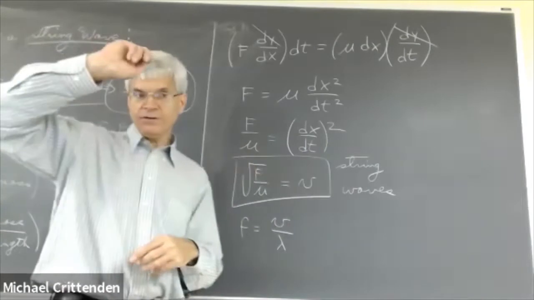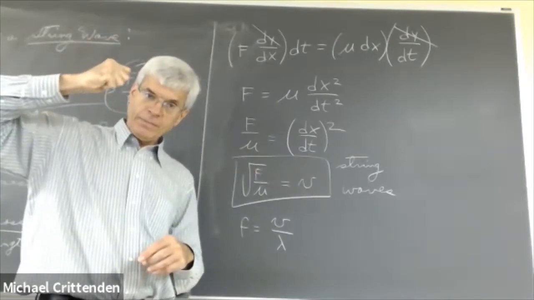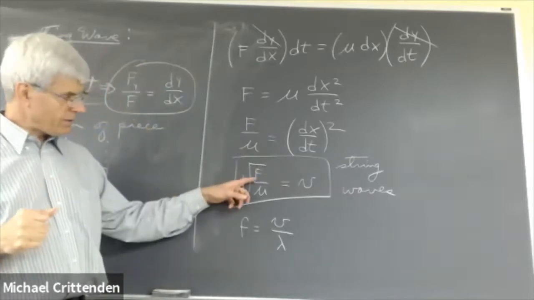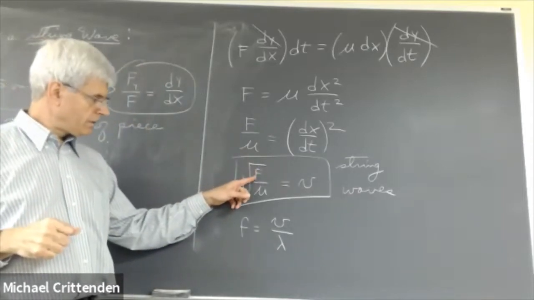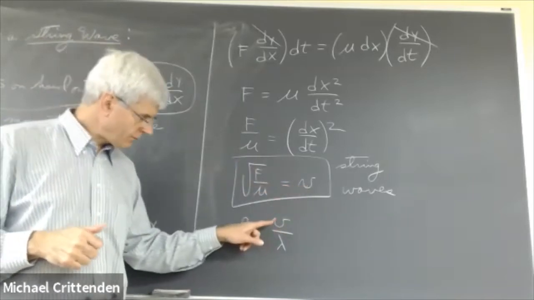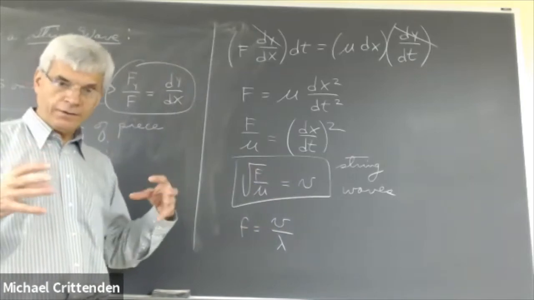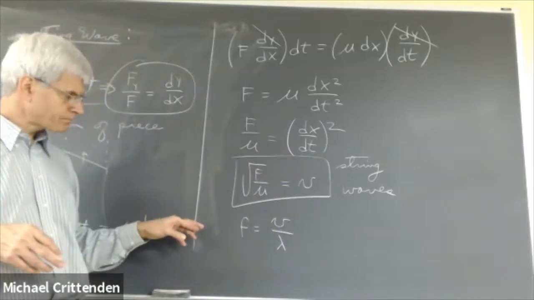A guitar has those tuning pegs up at the top, and you crank on that a little bit, and that pulls tighter. A higher tension equals a higher speed. A higher speed gives you a higher frequency, and so you tune the thing that way, okay?